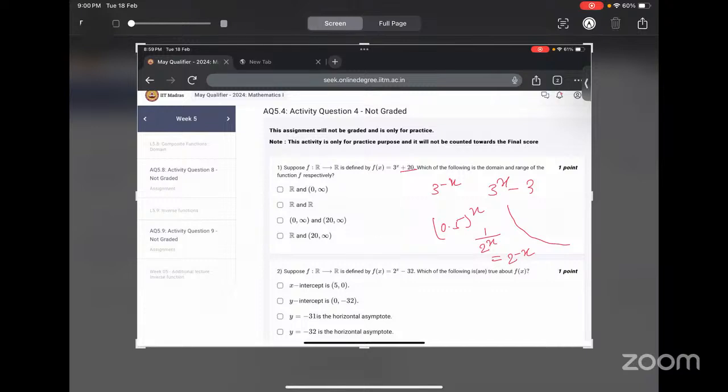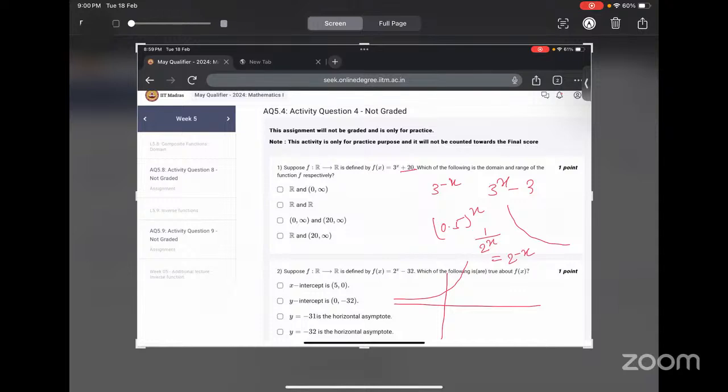Ma'am, can you please also draw an exponential function with a coefficient and added constants? The idea is, typically this is our exponential function when x is positive.